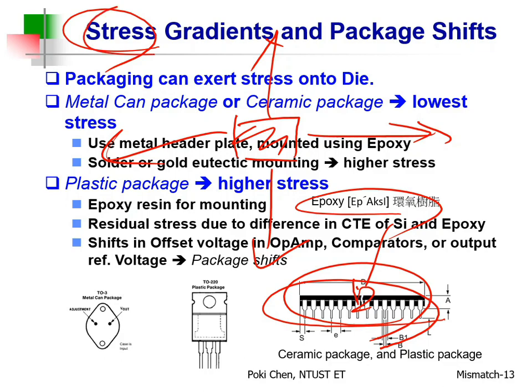We call it stress. And for such kind of stress, if they are pulled out, okay, to the left and to the right, then the resistance will become higher. If they are squeezed in, then the resistance will become smaller. That's it.